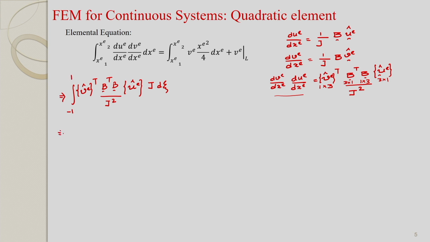So, we can take v_e hat transpose outside the integration, because these are the nodal values, not functions of xi. Inside the integration we have 1 by J B transpose B d xi, and again u_e hat, the nodal values, can be kept outside the integration.